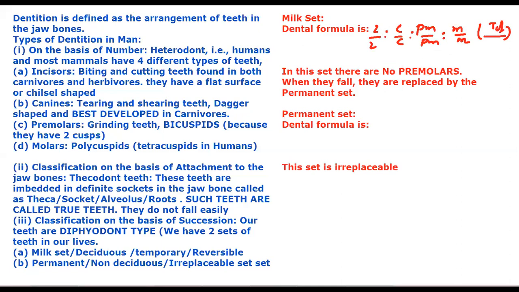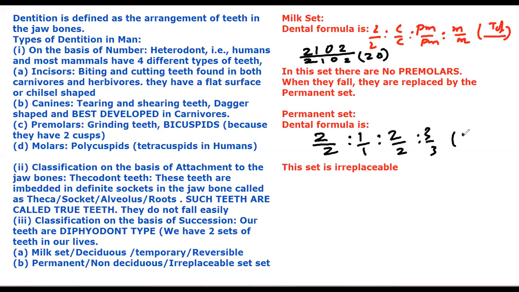So in case of your milk set, this is 2102 by 2102, total is 20. Okay. In case of the permanent set, it is 2 by 2 is to 1 by 1 is to 2 by 2 is to 3 by 3, that is 32.